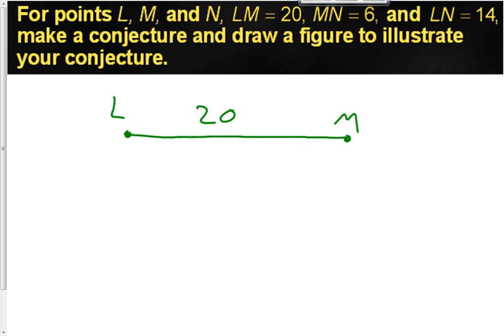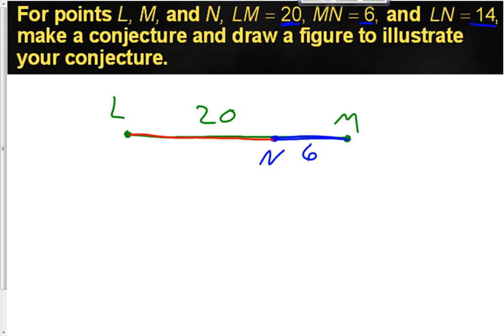If I look at the nature of these numbers, 6 and 14, if you add those two segments up, you would get 20. So if I had N being somewhere right here, where N to M, this blue segment, is 6, and then L to N is 14.